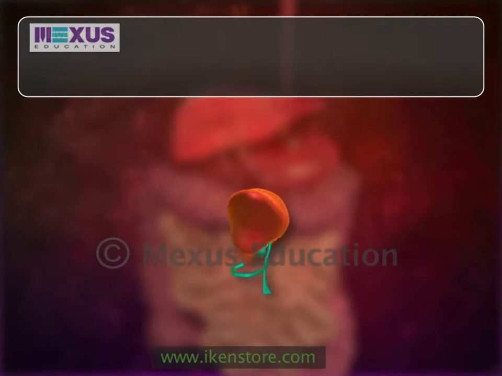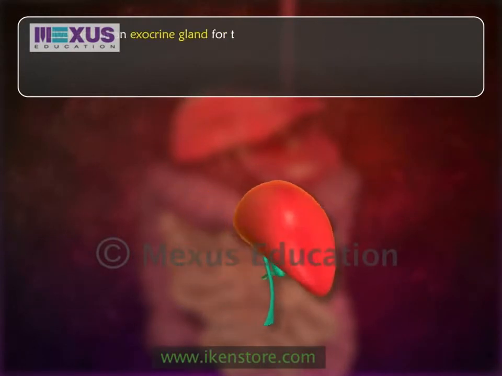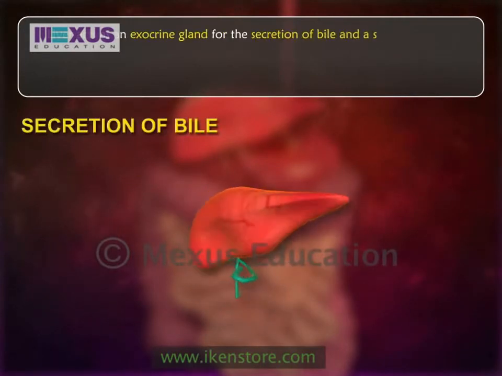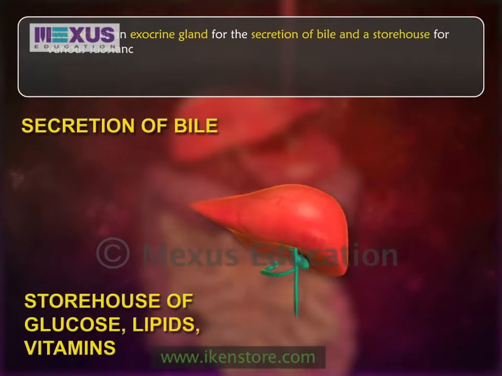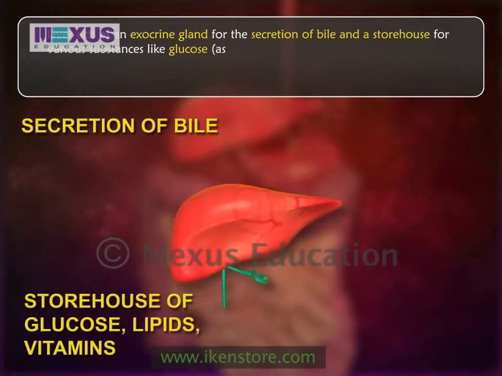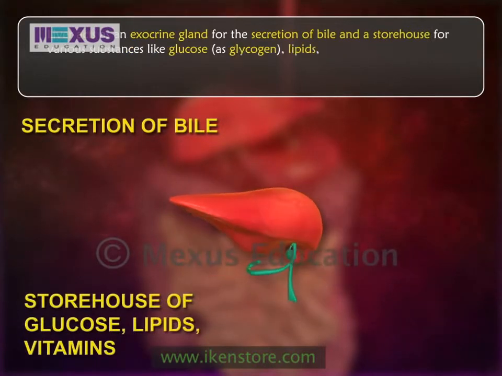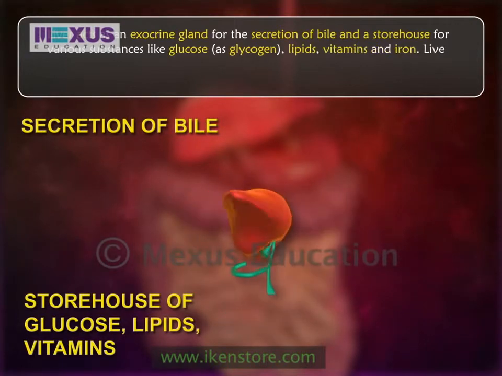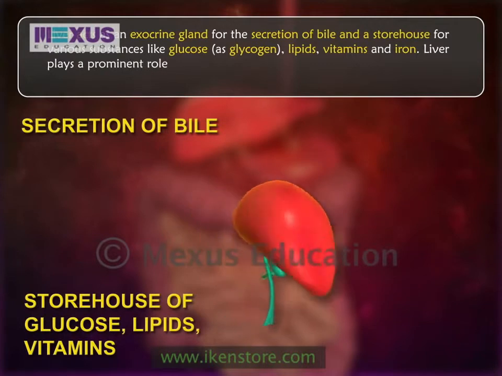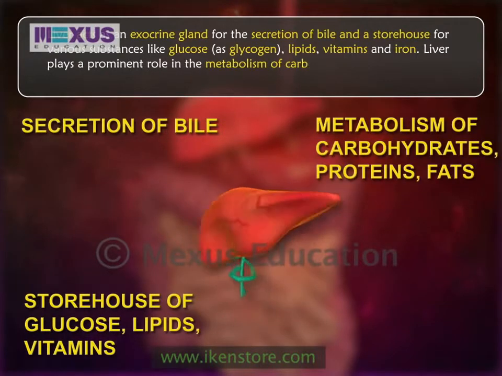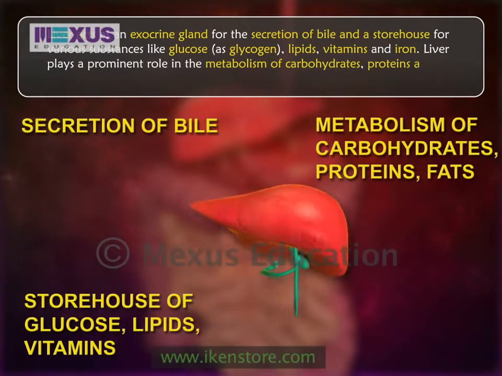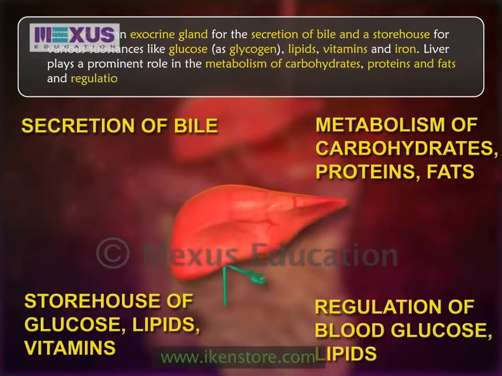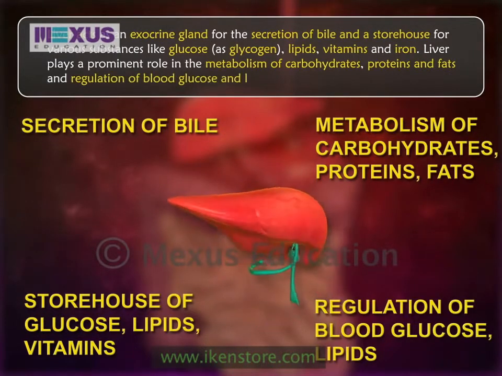Liver acts as an exocrine gland for the secretion of bile and a storehouse for various substances like glucose as glycogen, lipids, vitamins and iron. Liver plays a prominent role in the metabolism of carbohydrates, proteins and fats, and regulation of blood glucose and lipids.